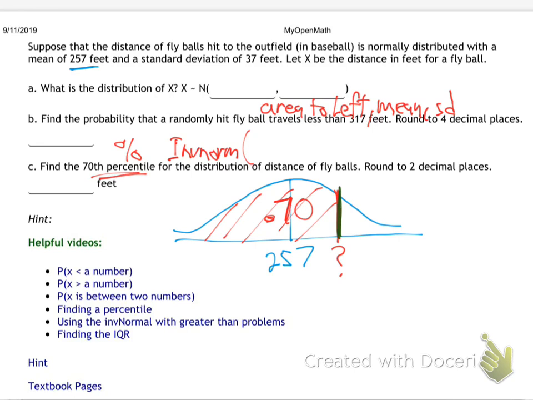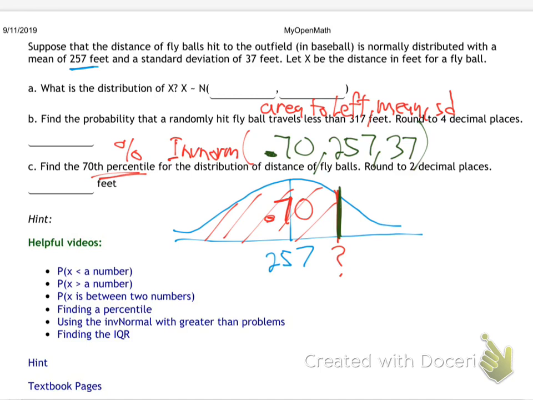Yeah, look at the picture. That's the area to the left. So this time, no translation. We're already speaking in the right language. Does that make sense how we didn't need to translate? That already is area to the left, isn't it? Comma mean, what's the mean? 257, comma standard deviation, 37. There we go. Hit the buttons on the calculator.